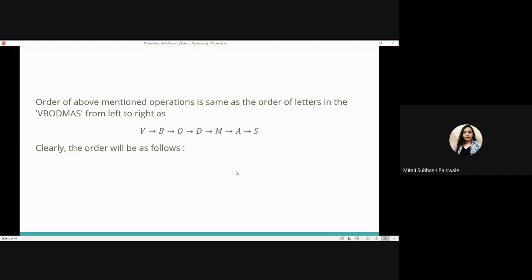You cannot go back and then come to the front. No, it's not possible. So you have to go with whatever is coming in your way.